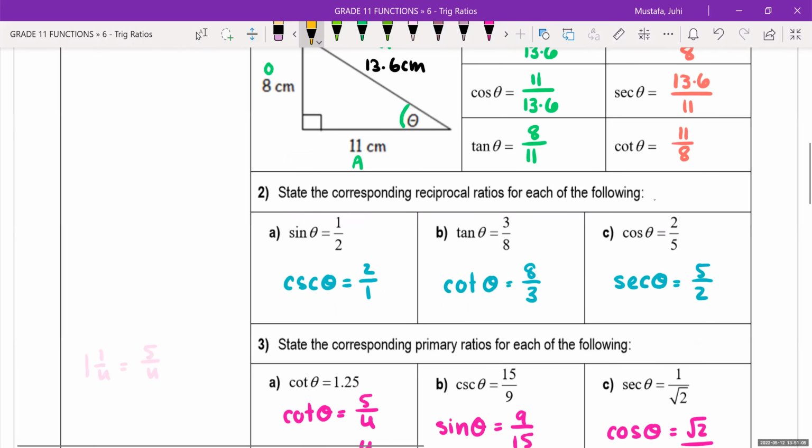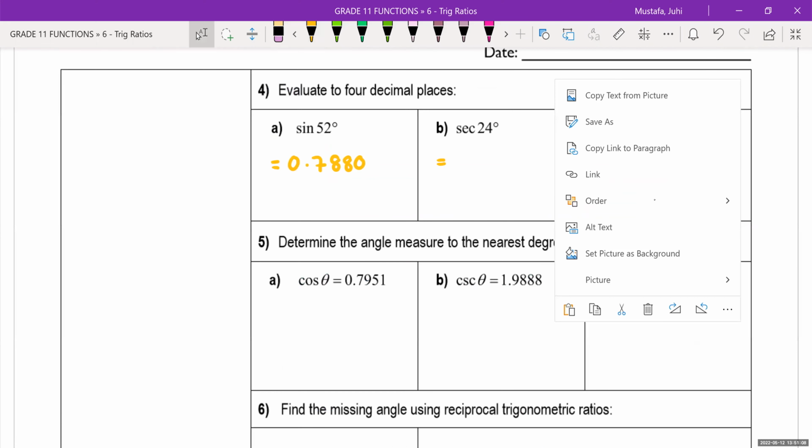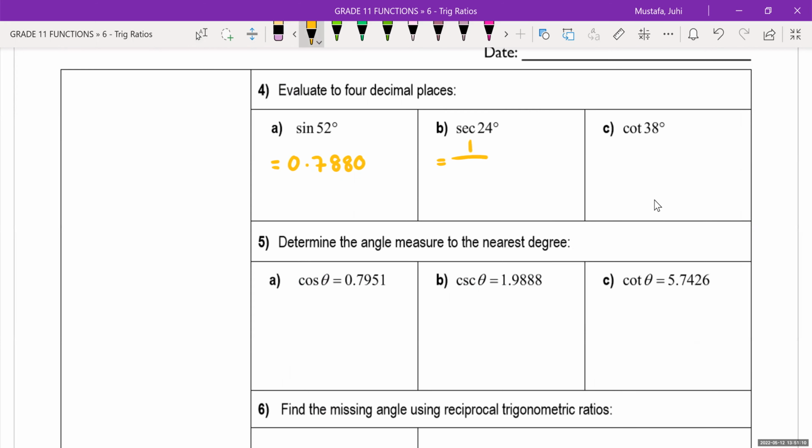That means secant 24 is the same as 1/cos 24. And now to calculate that, you're going to go 1 divided by cos 24. Yep, 1.0946, perfect.